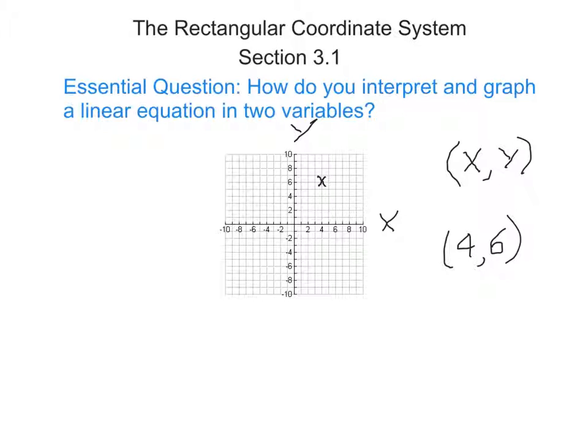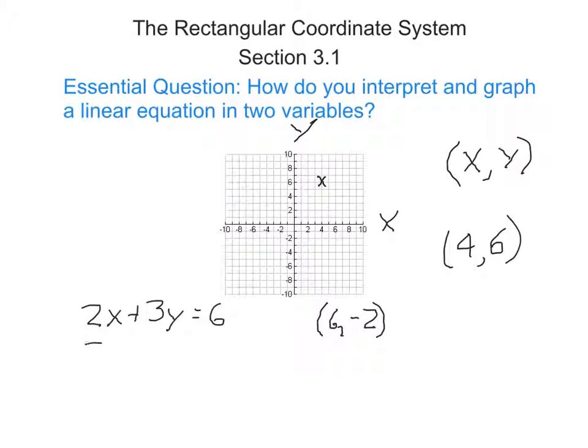Now, say we have a linear equation in two variables, something like 2x plus 3y equals 6. And I want to determine whether the ordered pair (6, -2) is a solution for this equation. Well, in order to check that, I would plug in 6 for x and -2 for y.